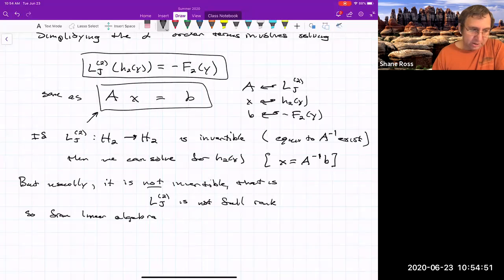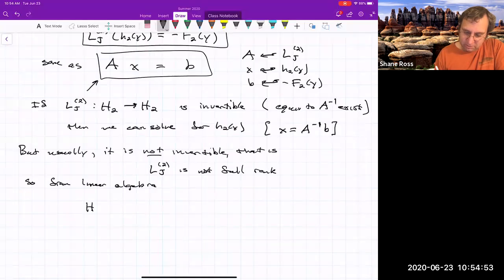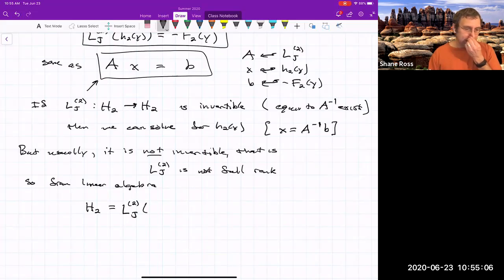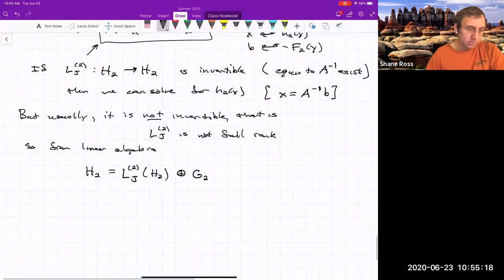And what do we know from linear algebra? We know that for any non-invertible linear map, this vector space can be written as equal to the image of H₂ under the linear map L_J₂, and then a complement that we'll write as G₂.